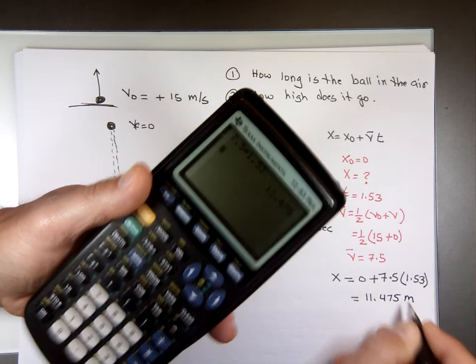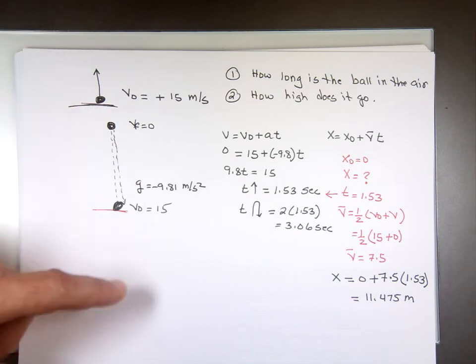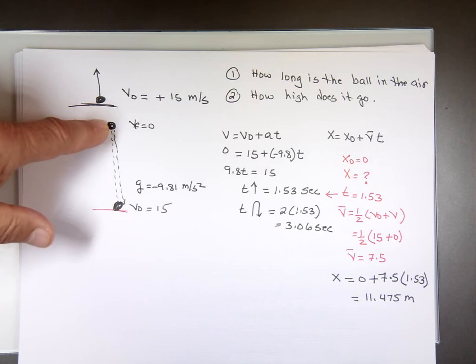That's how high the ball will go in the air. Approximately about 35, 36 feet up in the air. So sometimes notice the problem, they leave a lot of stuff out. Maximum height, that means your final velocity is actually 0.